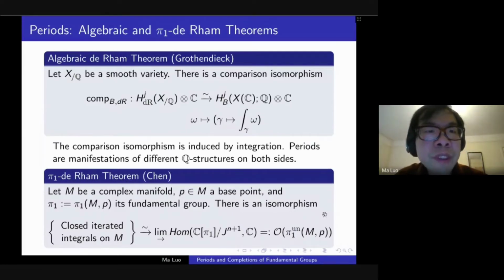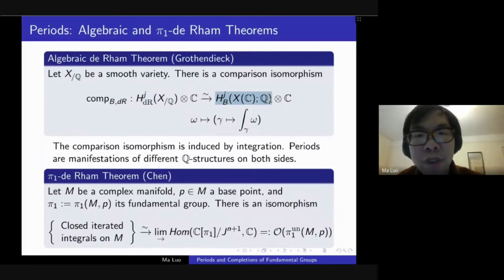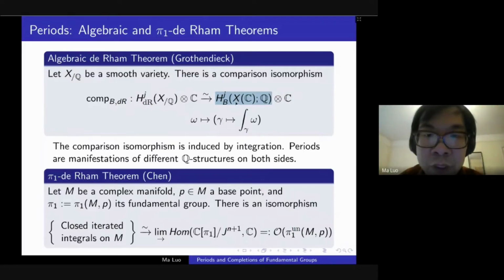So we can view these periods in another way, which is probably a famous theorem by Grothendieck in the 1960s, where if you start with some smooth variety over Q, and you compute its algebraic de Rham cohomology, it's a Q vector space. And you can also compute its Betti cohomology, the singular cohomology of its associated complex analytic variety.